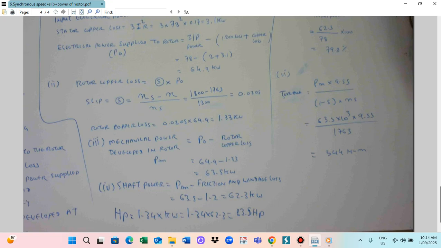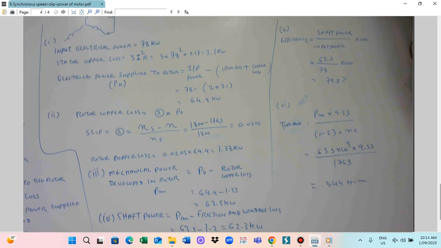So shaft power you got. In this case, we already know the input electrical power and the shaft power. Shaft power is the final output. Input electrical power is the original first input. The output shaft power is in kilowatt units, so you multiply by 1.34 and then you get the horsepower.